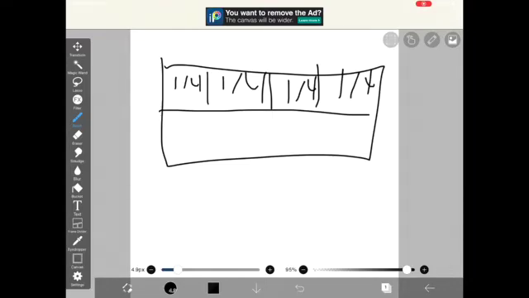I'll get to that. Then you have 2/5. So you're gonna divide this into fifths. Alright, now that you have it divided into fifths, it says 2/5. So you're going to mark these. Alright, so what you're going to do now is it said 3/4.